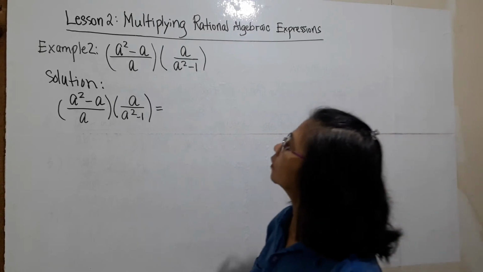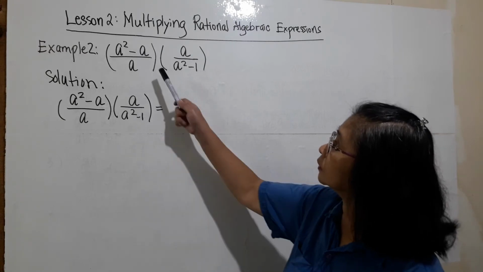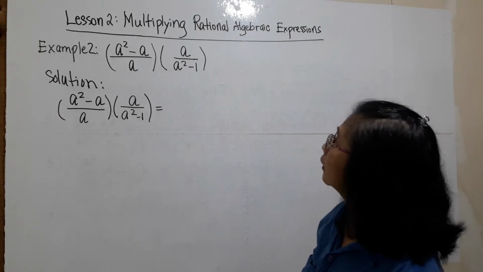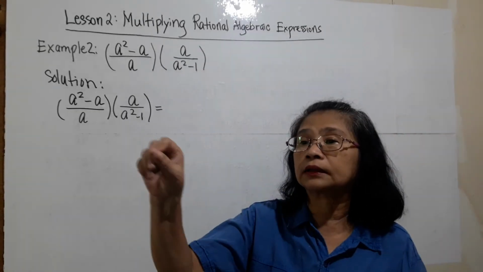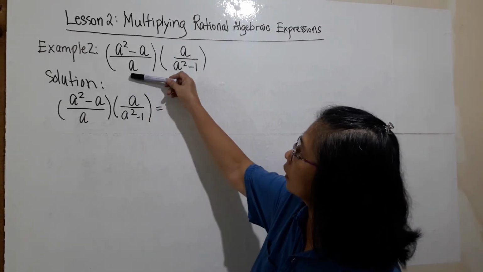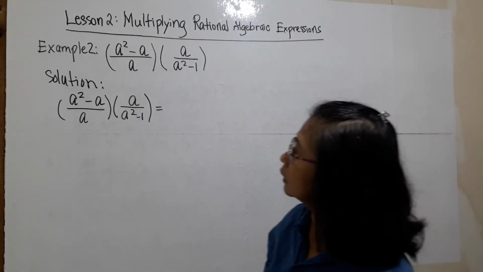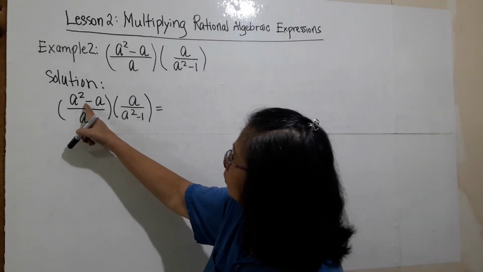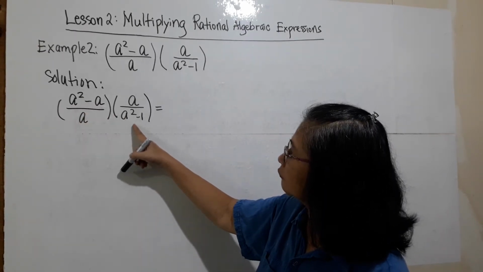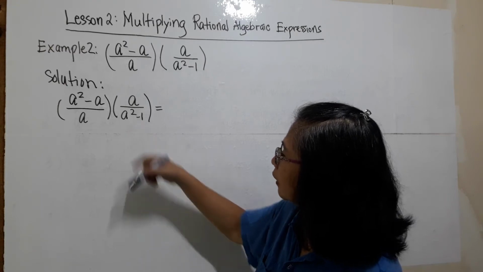Okay, let's have example 2. We can also use parentheses to indicate multiplication of rational algebraic expressions instead of putting a dot at the middle. I already copied the given for the solution. We can do factoring for the numerator of the first factor and the denominator of the second factor.